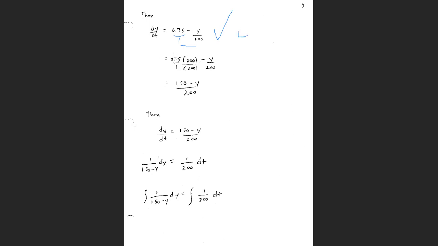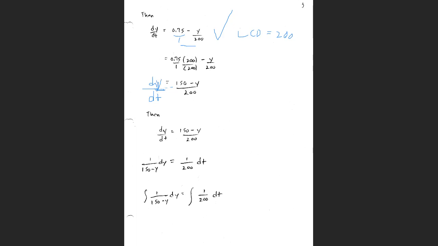So the least common denominator is going to be 200 here. And if I convert the 0.75 to a fraction where the denominator is 200, I'm going to get 150 over 200. And so that means dy/dt is going to equal 150 minus y over 200. That's your differential equation.